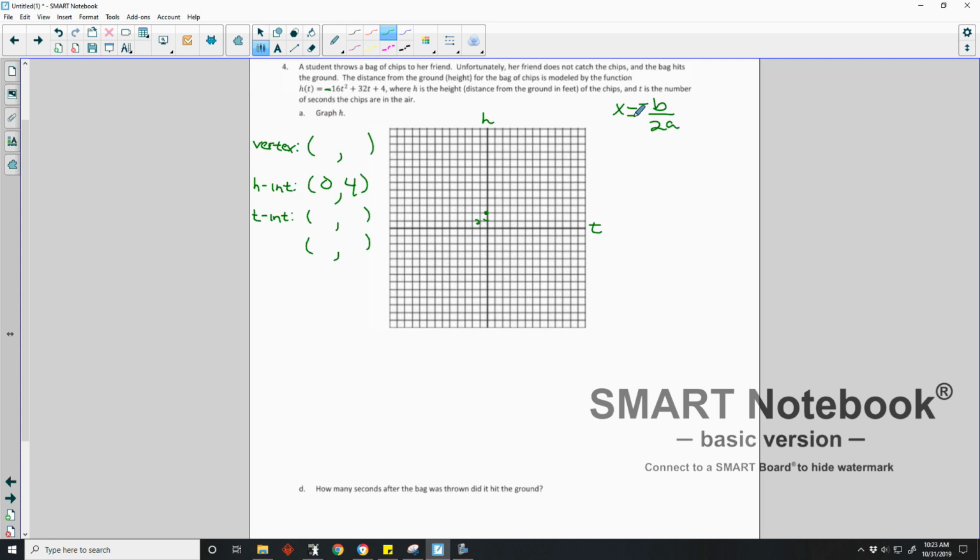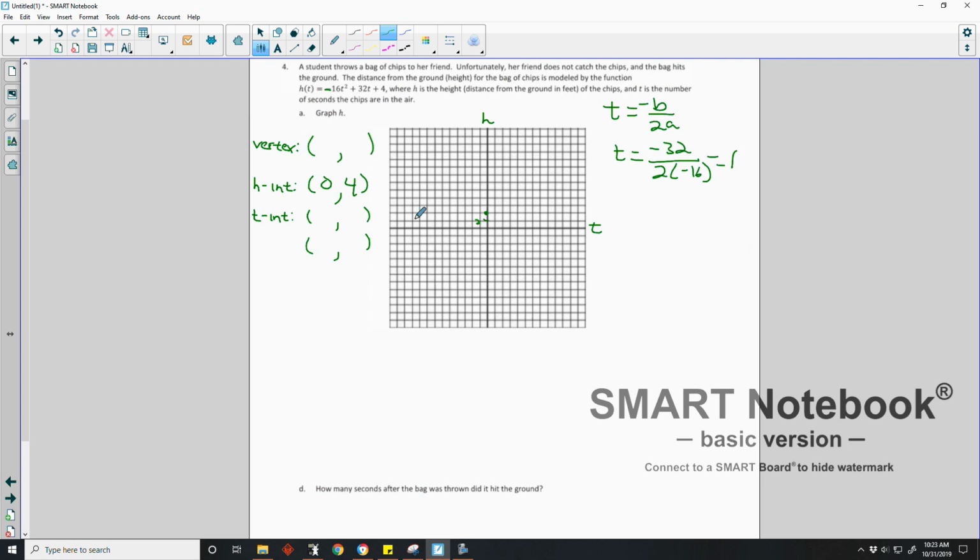And I'm using the term x here, but actually x is considered t in this case, so I should stick with the proper variables. So our t is negative b over 2a. So our t is going to equal negative b, which is negative 32, divided by 2 times a, which is negative 16. Well, a negative over a negative is positive. 32 divided by 16 times 2, which is 32. 32 divided by 32 is 1.